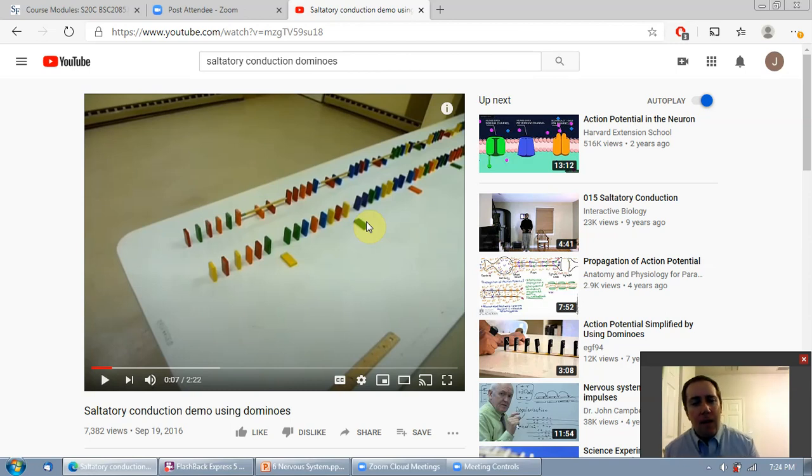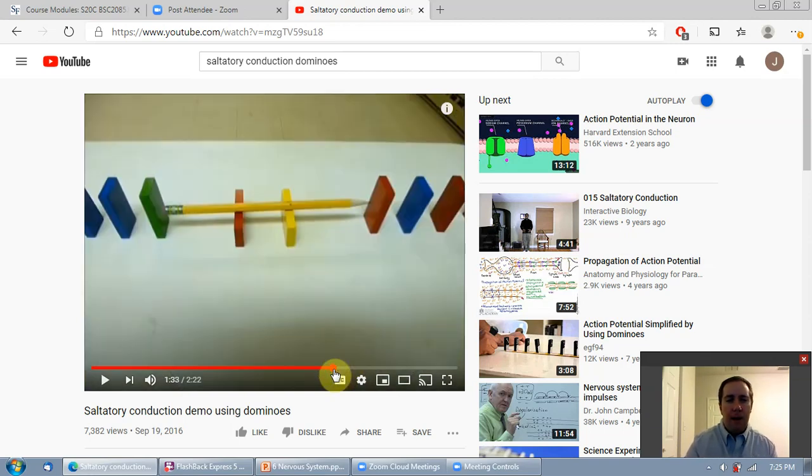In the other one, we have some dominoes, and then a domino falls and it hits a pencil, and that pencil moves and pushes another domino further down the table. And I'm going to skip ahead in the video to the point that they actually knock the dominoes down, and you're going to see what happens.